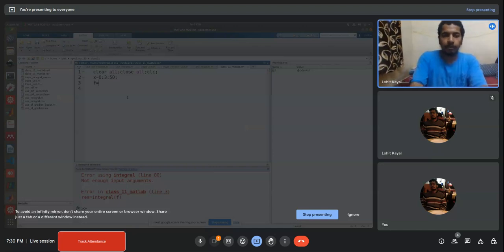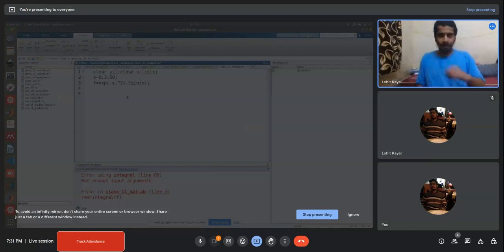And my f equal to exp of minus x dot square, where x is a vector. In the last example, writing dot was not necessary, because x was just a variable and I was defining a function. But here, if x is a vector, writing dot square and dot star is necessary.